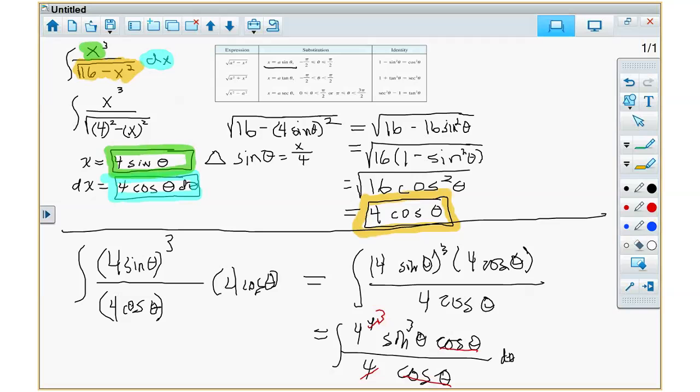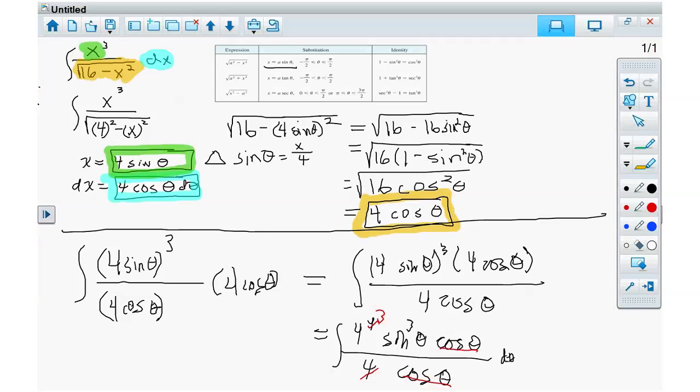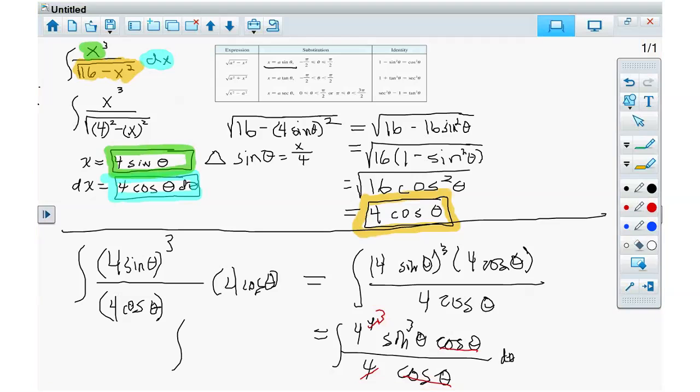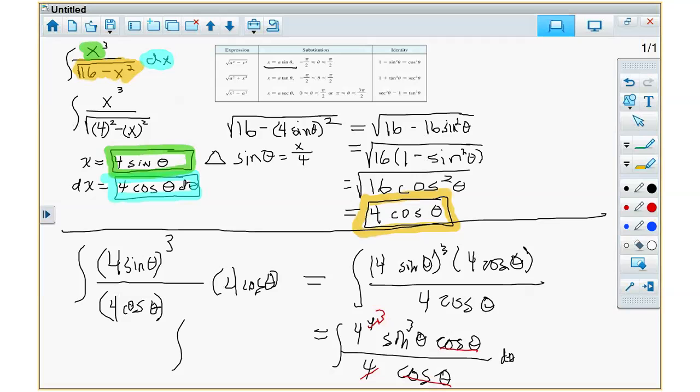Now, clean that up. And that's going to give you 4. You can pull that out if you want to, but I'm not going to pull it out yet. 4 to the third sine of what? Theta, d theta, cubed.